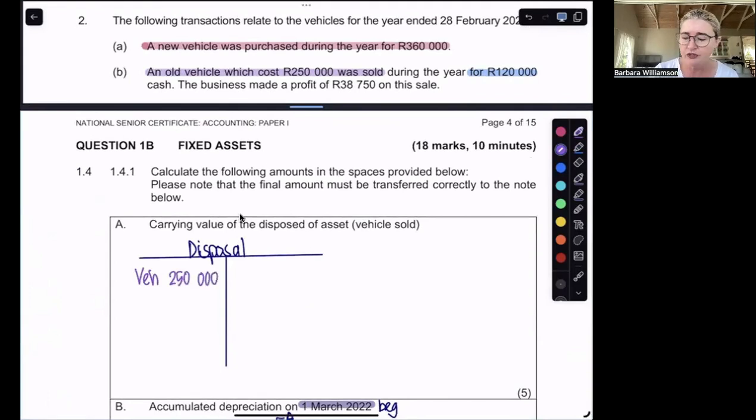I can also put that selling price of 120,000 in. What would have happened is you would have had bank or debtors or creditors or whatever it would have been. We don't know how it was sold, but if it was bank, for example, we would have had a debit of 120,000 because bank is an asset that's getting bigger, which means that I would have credited disposal with that 120,000.